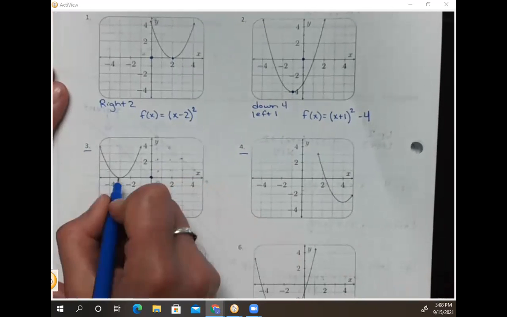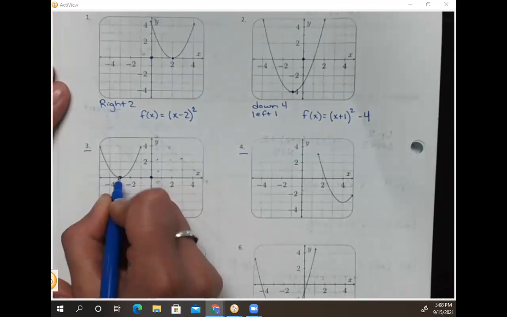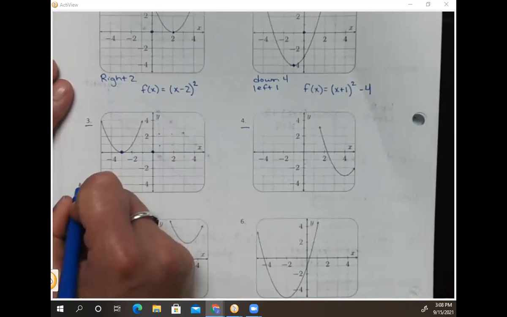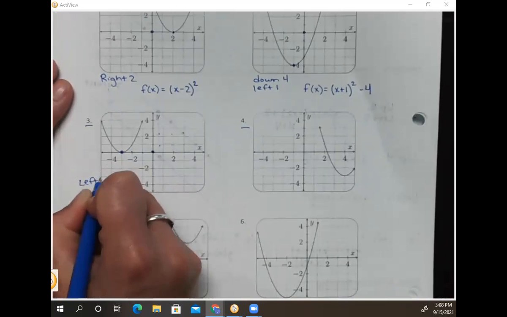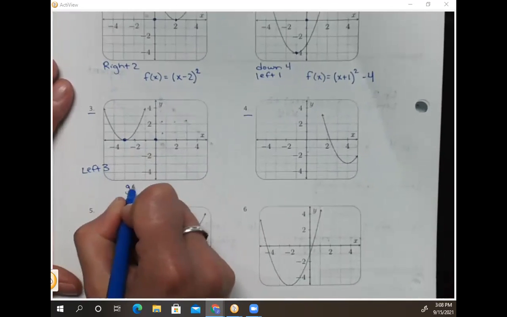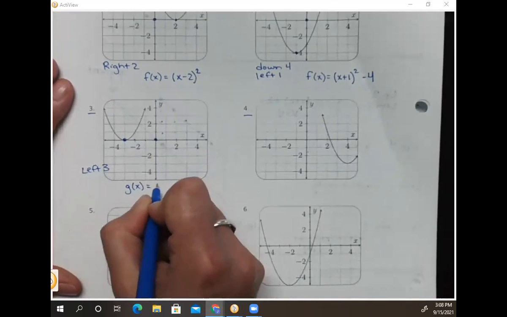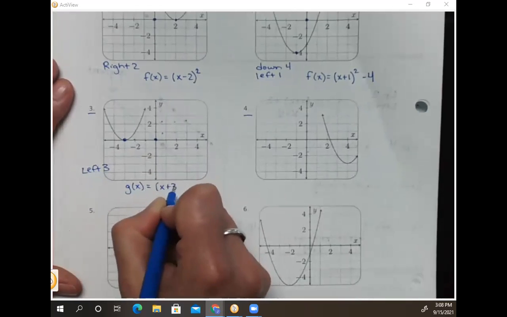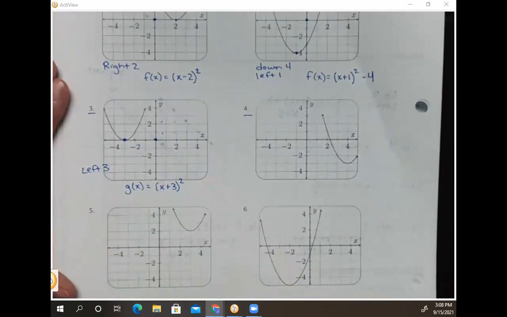For number 3, we moved 1, 2, 3 spots left. So our function should look like x plus 3 in parentheses with the square outside. Remember, group with x, it does the opposite.